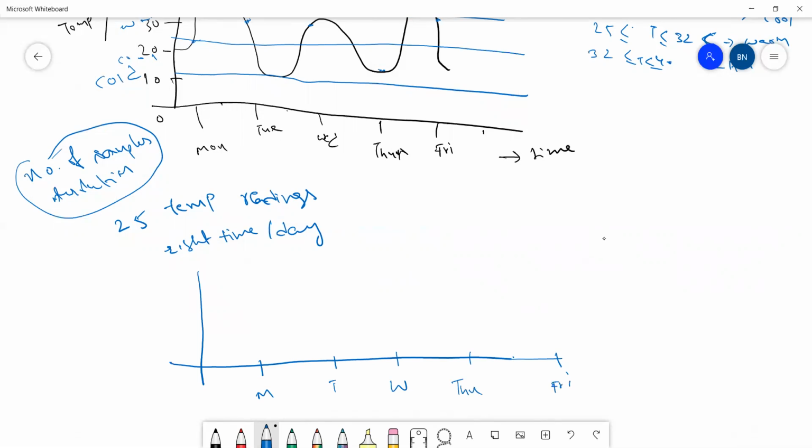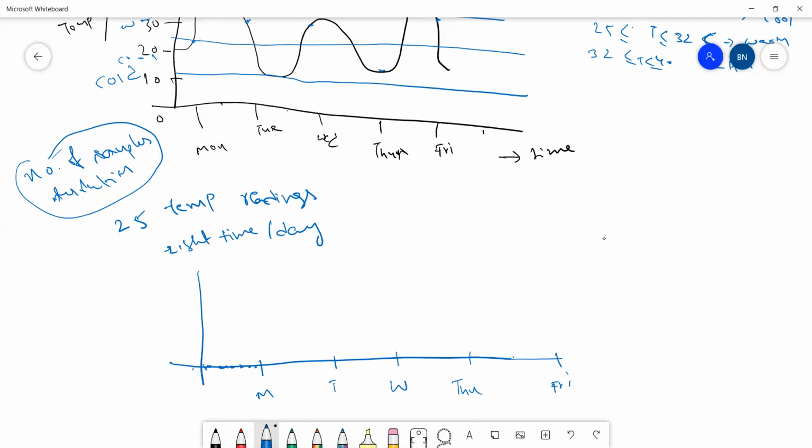We are taking the temperature 8 times per day. So that is 1, 2, 3, 4, 5, 6, 7, and 8. Now the total temperature readings we are taking is 25.